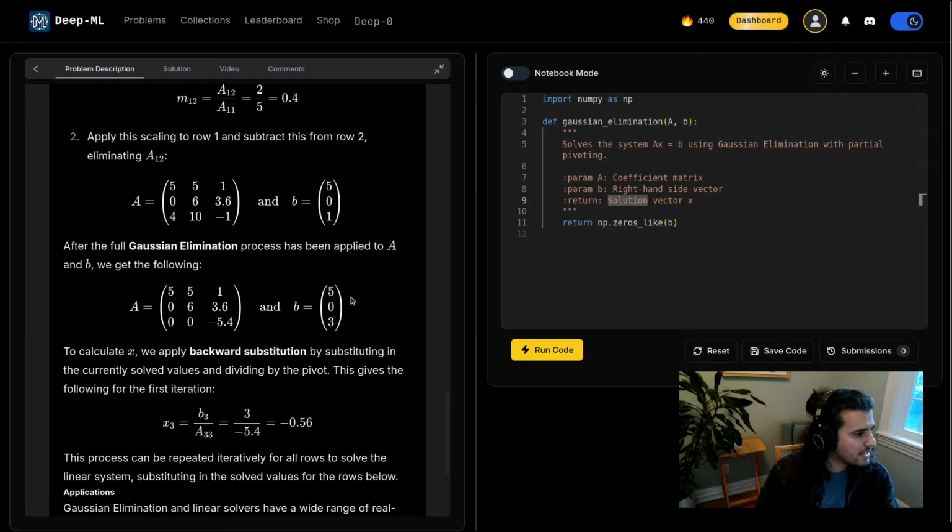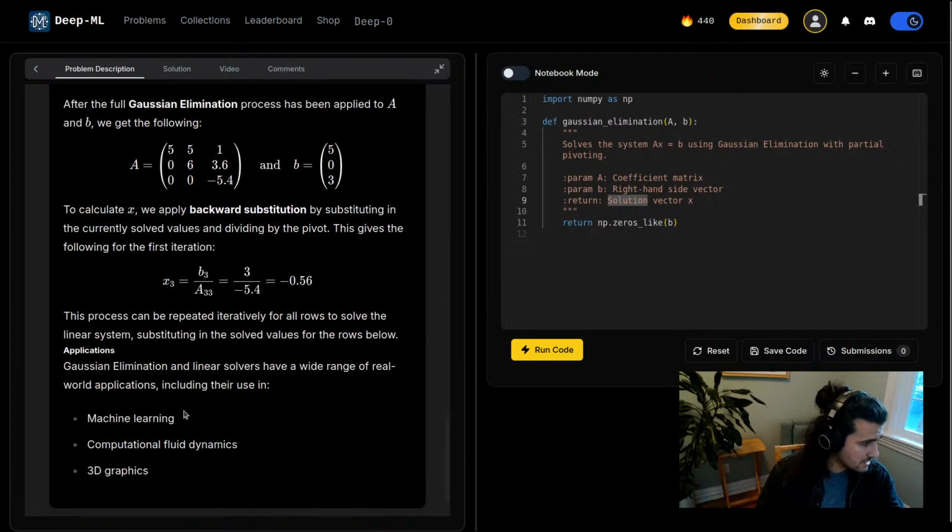So to calculate x, we apply backward substitution by substituting in the current solved value and dividing by the pivot. What are we saying here? Just give the following for the first iteration. X3 equals B3 divided by this one. So we get X3 equal to that. Okay, yeah, that makes sense.